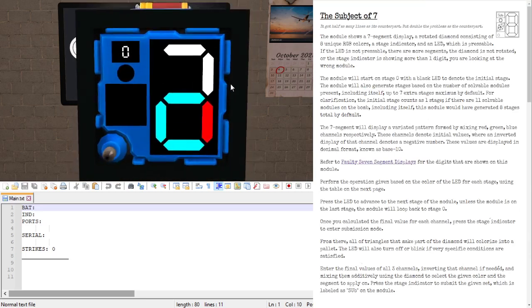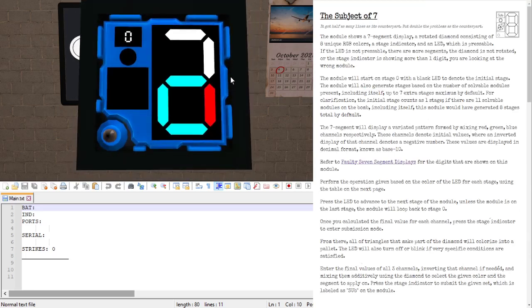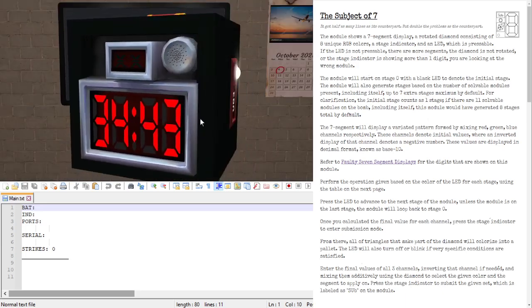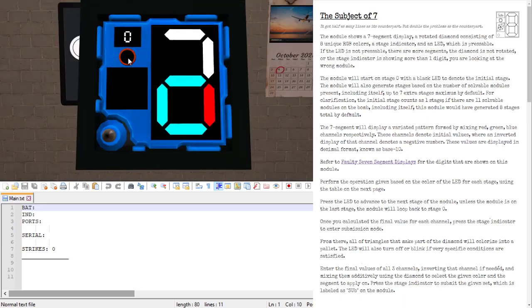However, there are some more things to it. It has multiple stages, but it's not a boss module. You just click through the stages by pressing the LED. You see now we have only one stage after the initial stage. That's because the number of stages is dependent on the number of solvable modules on the bomb.